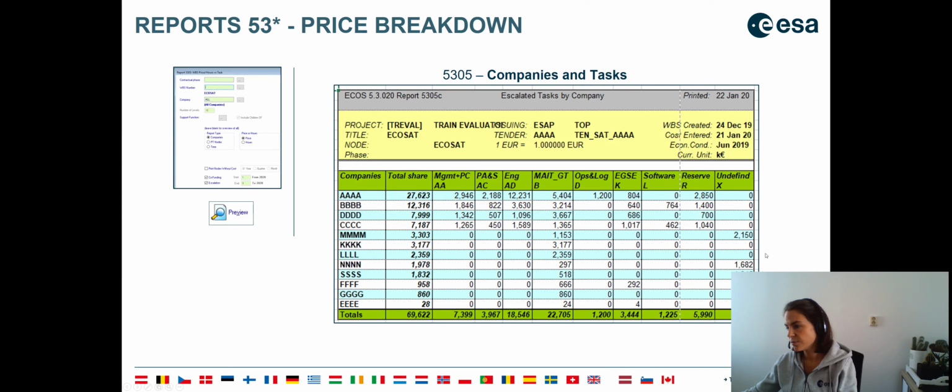So this really gives you an overview of the tasks of the support functions related to each of the companies. So it can be useful for you to check your own, but also to have a look at those of your subcontractors, because you may spot some discrepancies that you want to arrange.